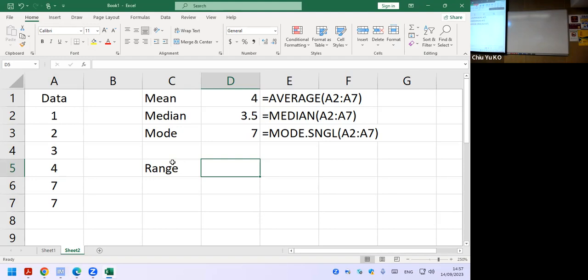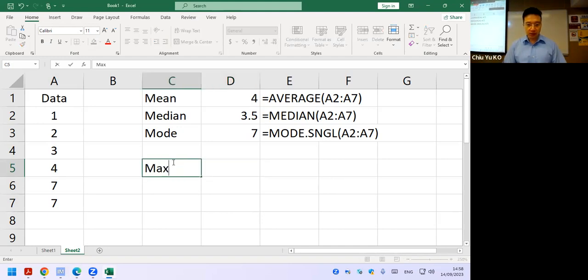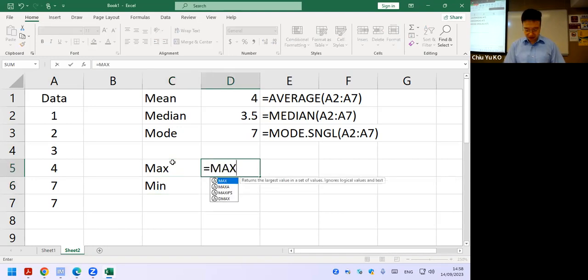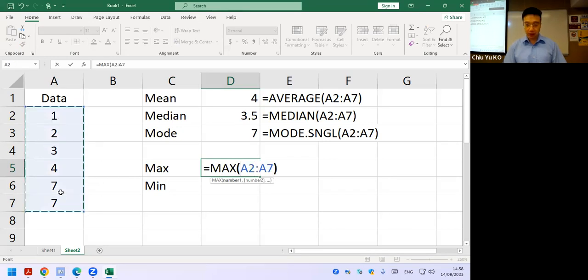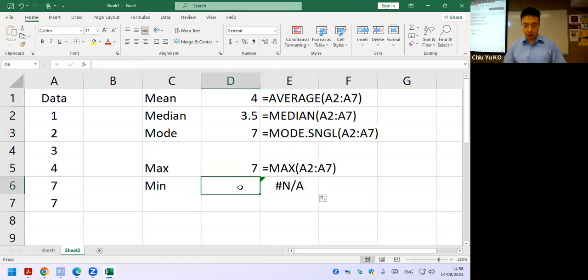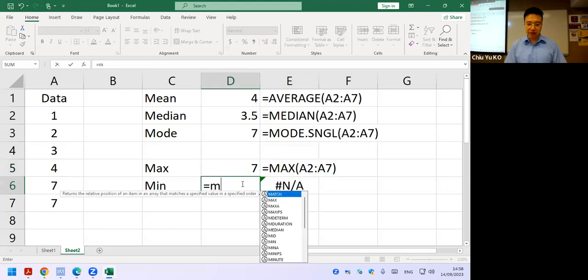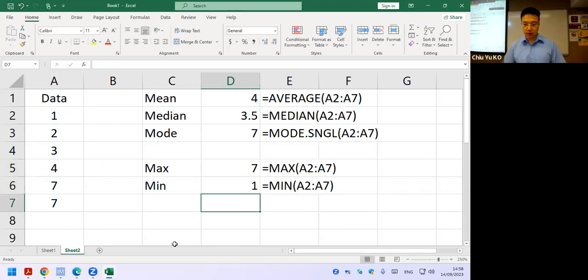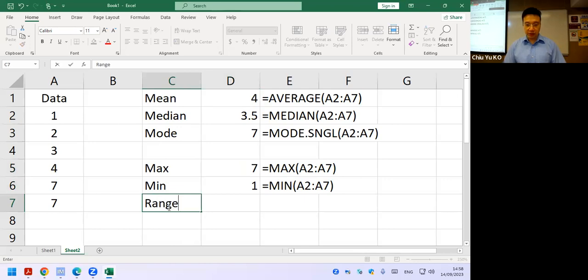Luckily, Excel has functions called MAX and MIN. So before we do the range, let's do the following. What's max? What's min? Max is very simple, just MAX of this data. Min will be just MIN of this data.